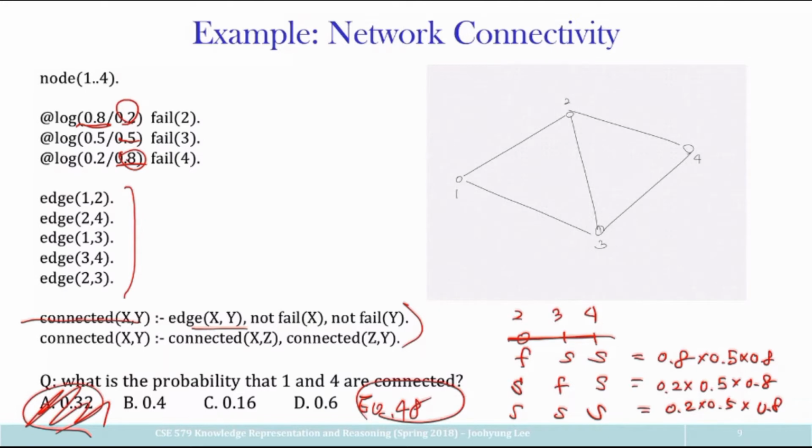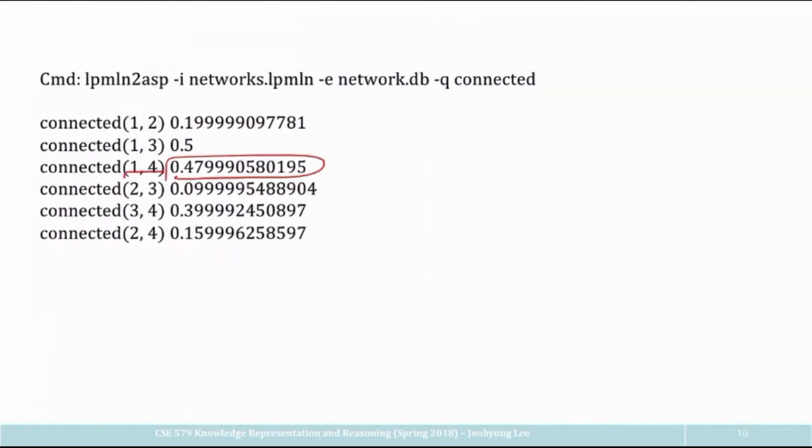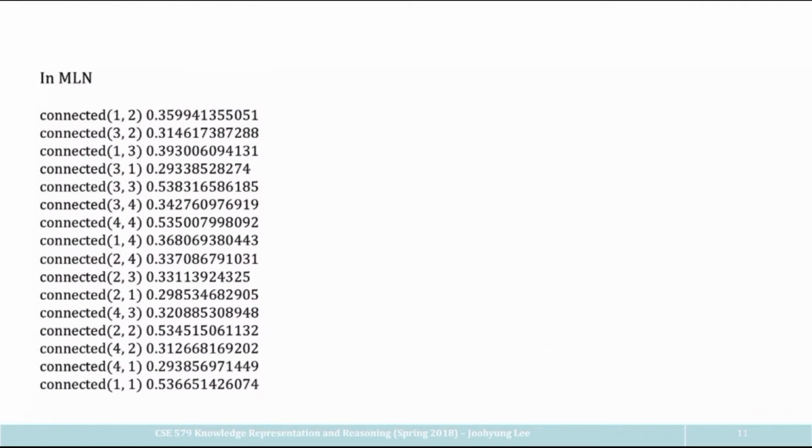The body doesn't necessarily have to be true to make the head true, right? Because implication is true when the body is false or the head is true. Because of that, you will get these many possibilities, and in fact, the connection between 1 and 4 is 36%, which is not correct. Okay, so this is how you get it.